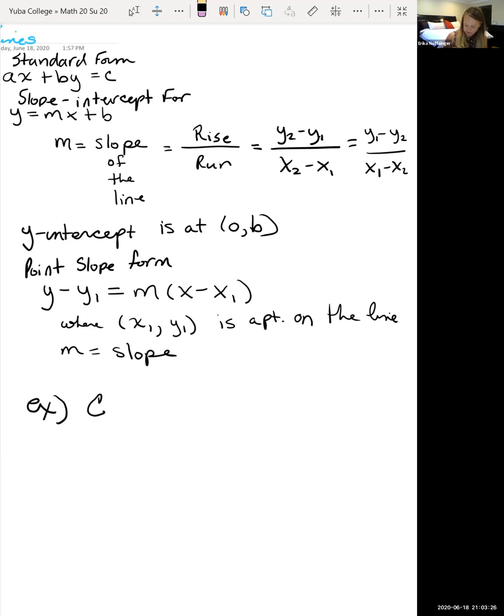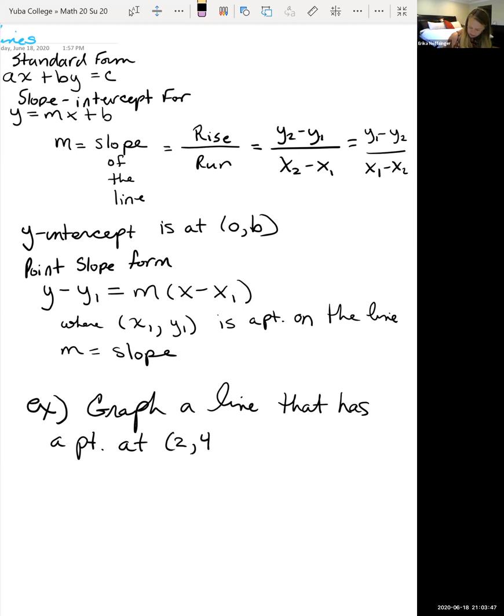So if it says graph a line that has a point, let's say at (2, 4), and a slope of negative 3/4.